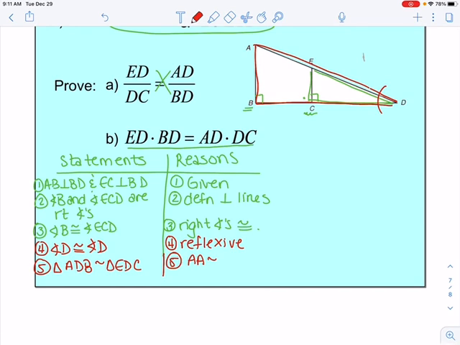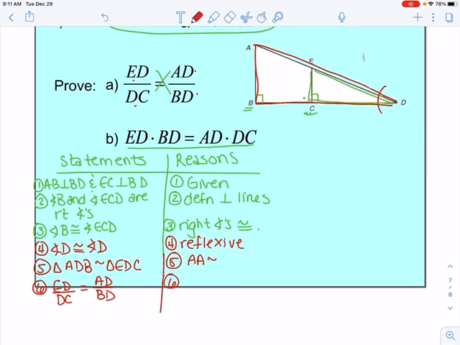And now that I know that they're similar, what we've been talking about so far in this entire chapter is that corresponding sides of similar triangles are in proportion. So now I can say that these sides are in proportion to each other. So ED over DC is going to equal AD over BD.